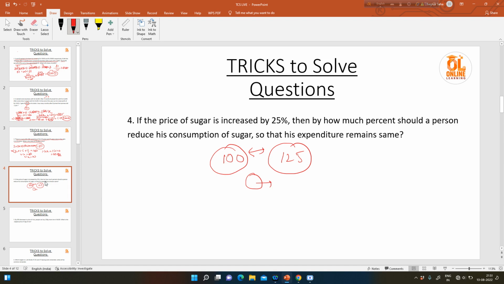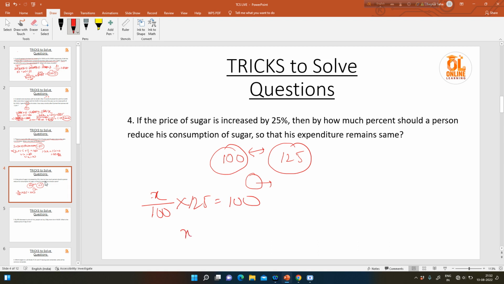Let us consider it as x by 100 into 125 is equal to 100, because we have to find what percent of 125 is 100.